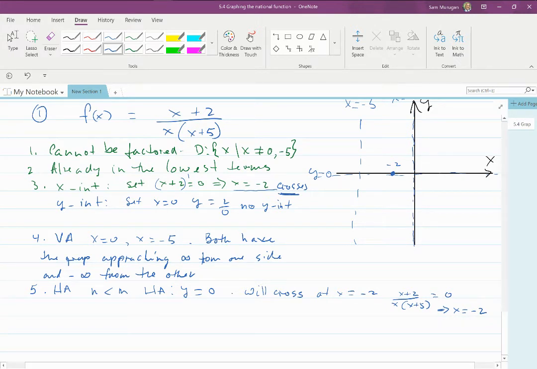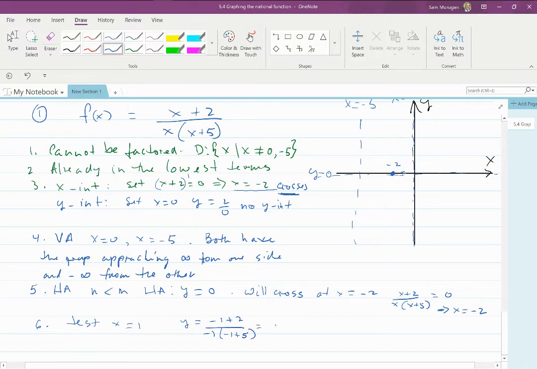So we're going to test a single point to find out where the y value for the graph is actually located. So let's test any point here. Perhaps -1. We're going to test -1 into the original function, and we see that y is equal to -1 plus 2 over -1 times -1 plus 5.